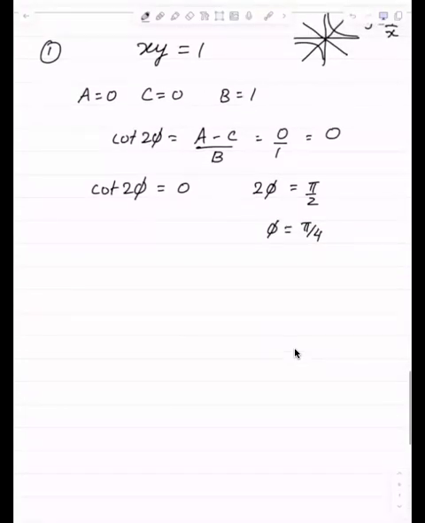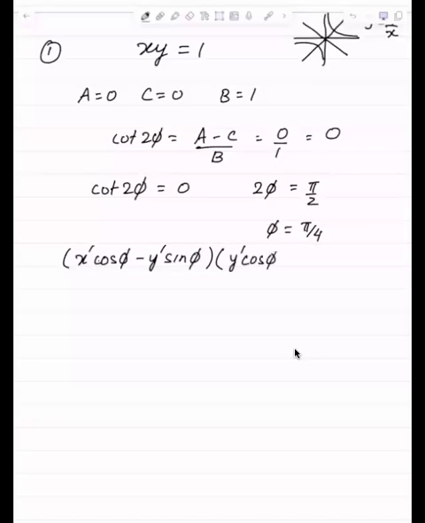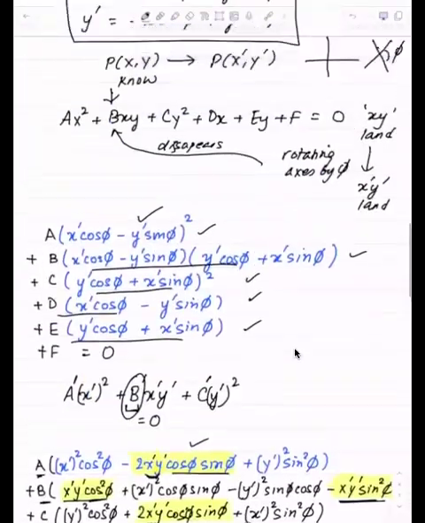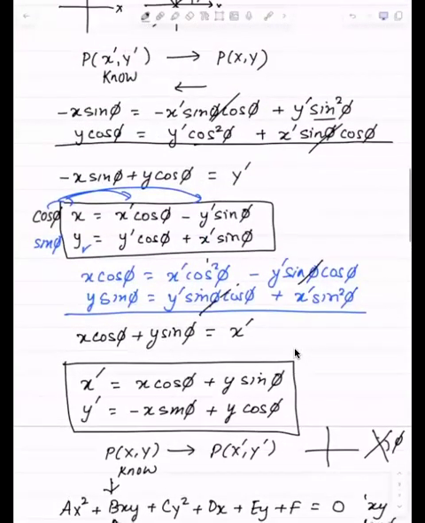Now all we have to do is replace x with x prime cosine phi minus y prime sine phi, and the y is, make sure you always look it up, y prime cosine phi plus x prime sine phi. You can go back all the way here and see it's right here.